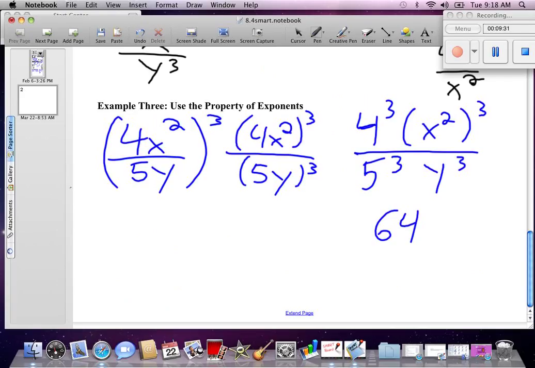X squared to the third power, Ty, what does that give us? Am I adding or multiplying? So what do I get? 6. X to the 6. All right? So for the bottom, we're getting 5 times 5 times 5, which gives us 125, and we just bring down that y. Okay?